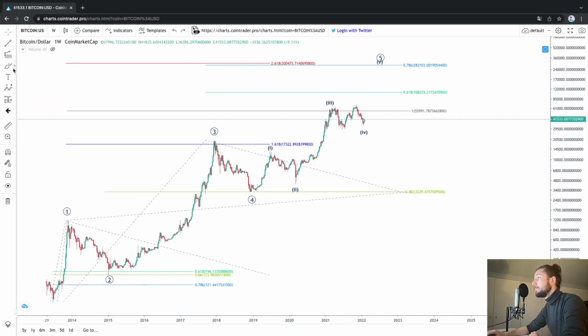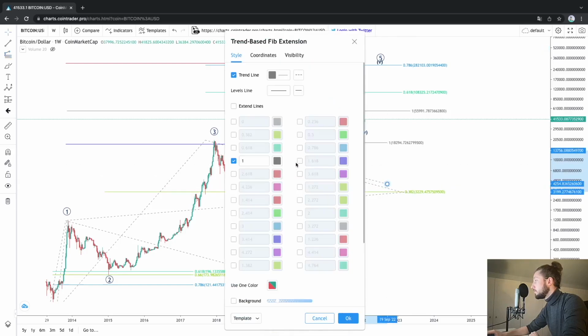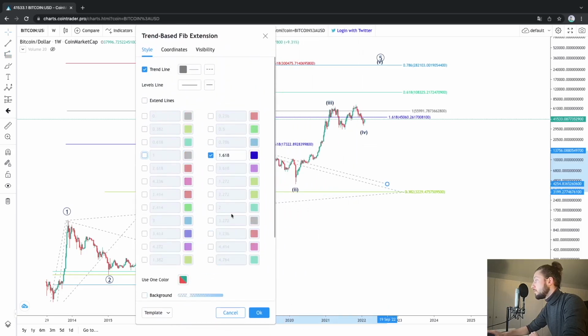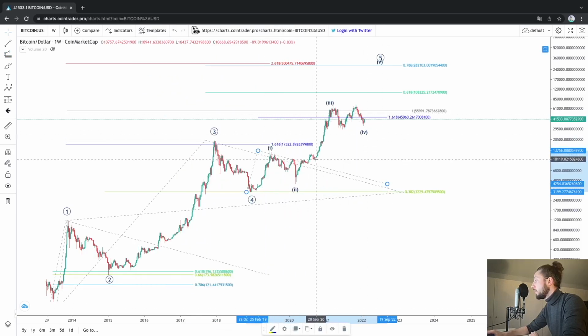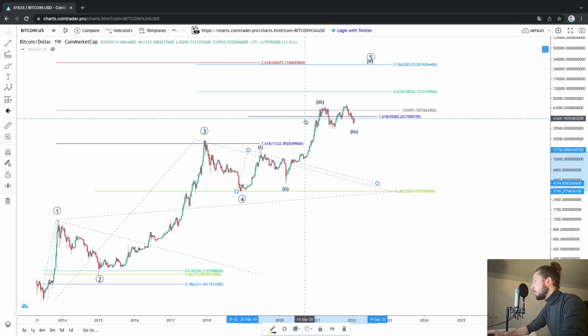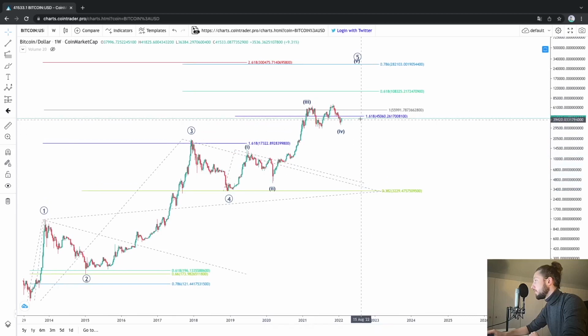Then in here, we can do the same. We measured at 1.618. We did have that COVID dump over here, so it doesn't align exactly, but we did reach that 1.618, so I would call that a third wave.